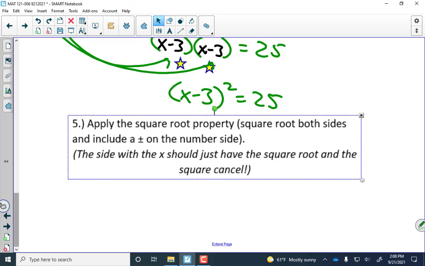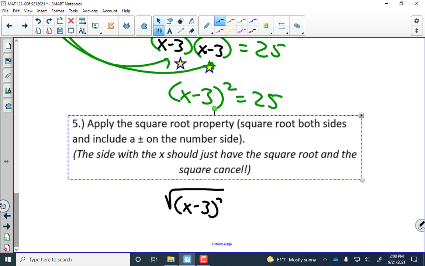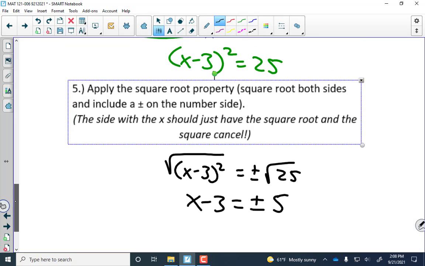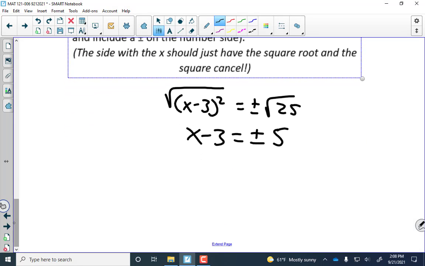The side with the x's should have the square root and the square cancel each other out. So you put a square root over both sides, and this just ends up being x minus 3 equals plus or minus, in this case, what's the square root of 25, everyone? 5. Ta-da! Now, last step.